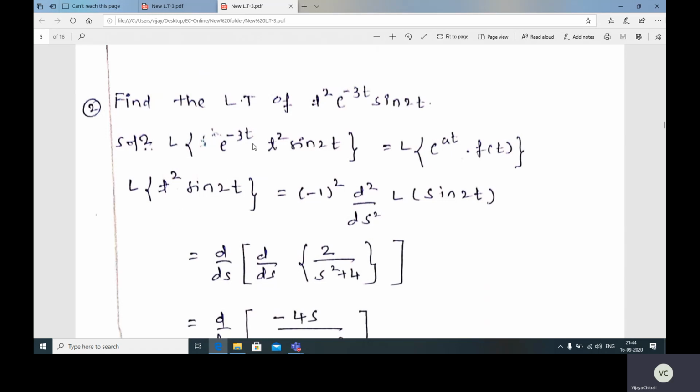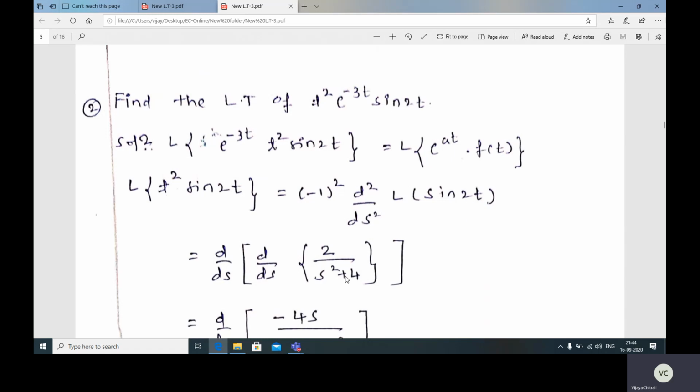So first we need to find the Laplace transform of t square sine 2t, right? So this is of type t raised to n f of t. So minus 1 raised to 2 d square divided by ds square of Laplace transform of sine 2t.